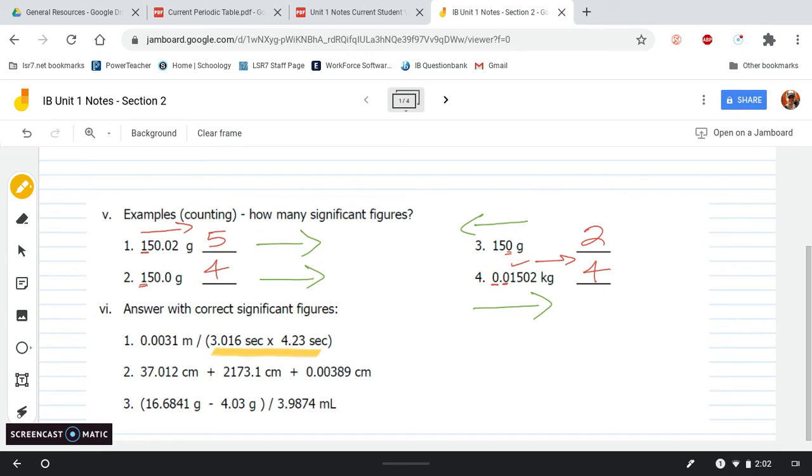So I'm going to multiply those two numbers, 3.016 times 4.23, and I'm going to get a number, and I'm going to write that down for you guys. The number I got for this is 12.75768.